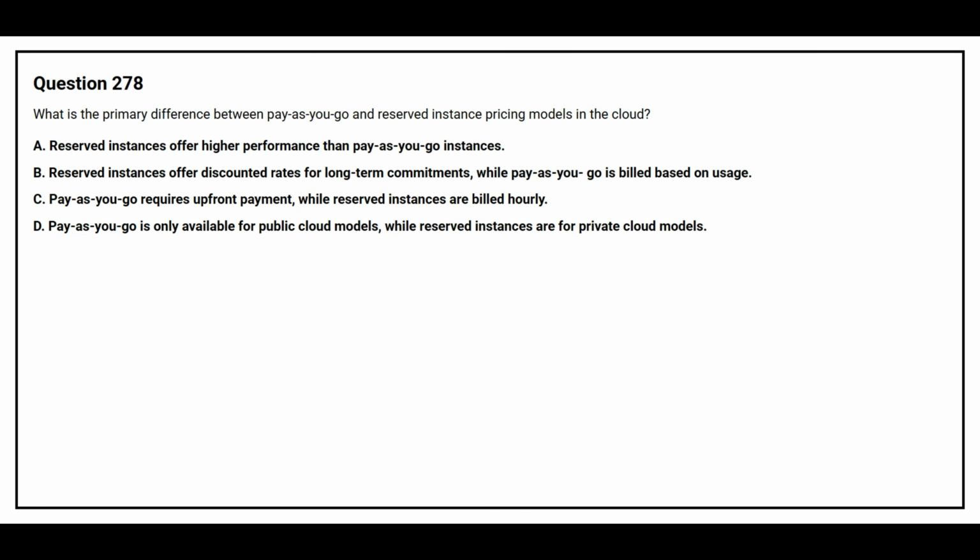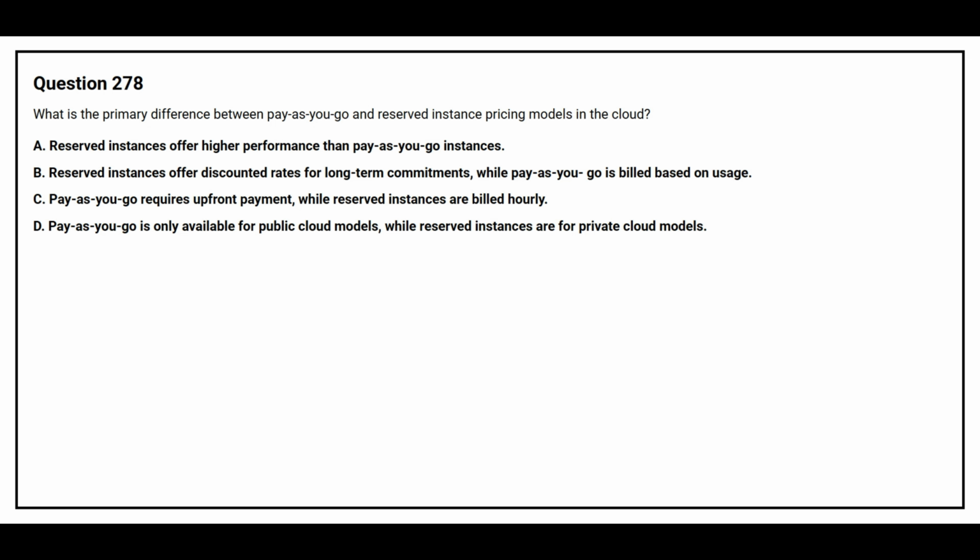Question number 278. What is the primary difference between pay-as-you-go and reserved instance pricing models in the cloud? Option A, reserved instances offer higher performance than pay-as-you-go instances. Option B, reserved instances offer discounted rates for long-term commitments, while pay-as-you-go is billed based on the usage.